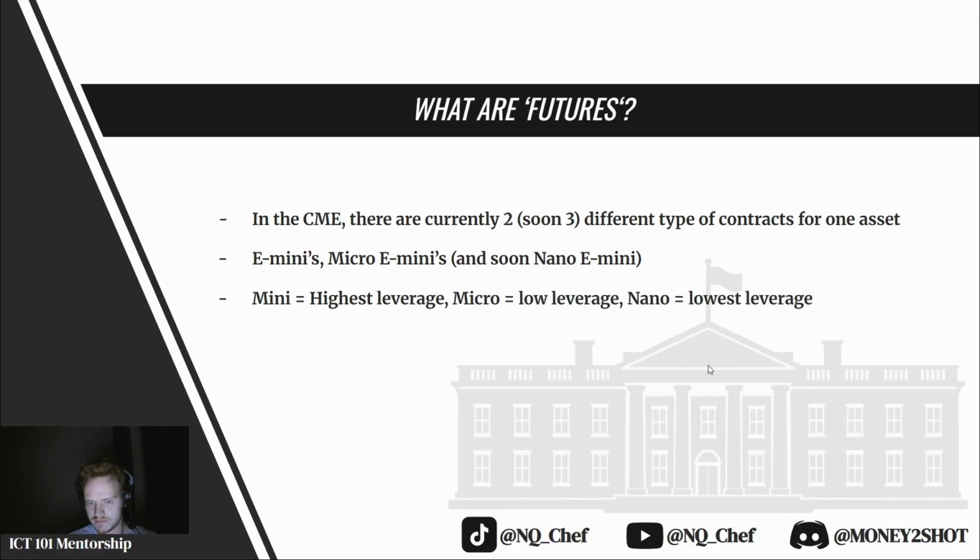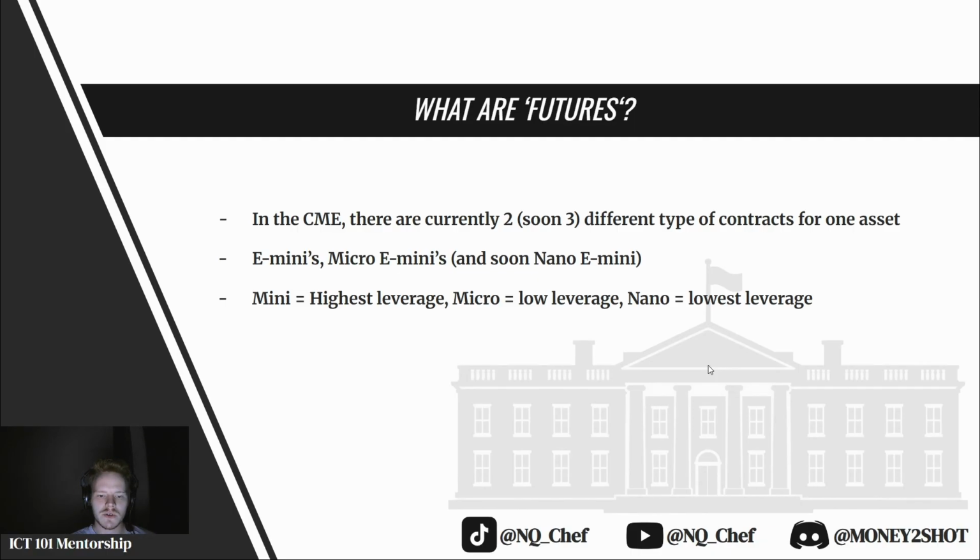Right, in the CME, the stock exchange group, we currently have 2 different types of contracts for one asset, and soon 3, the nanos. But we're going to focus on the E-minis and the micro E-minis. I'm going to use the Nasdaq 100 for this example because the leverage on different contracts differs.